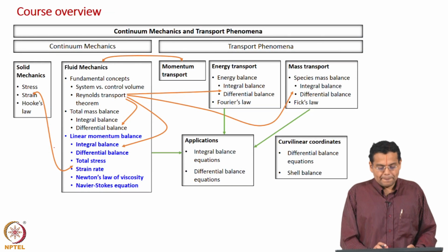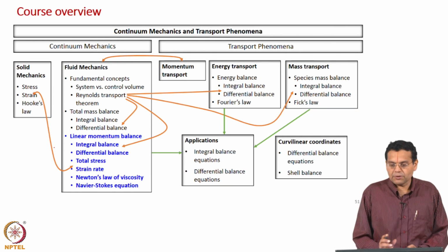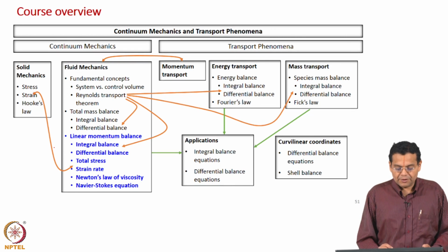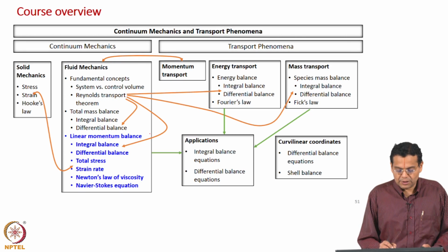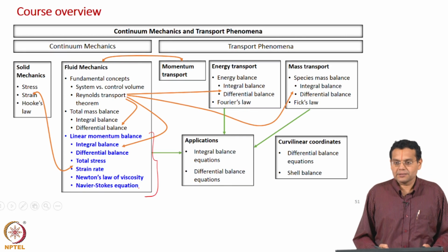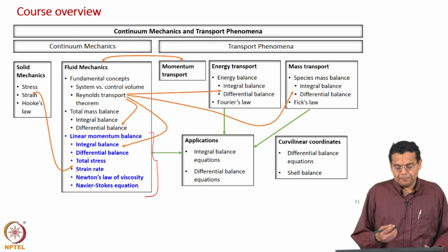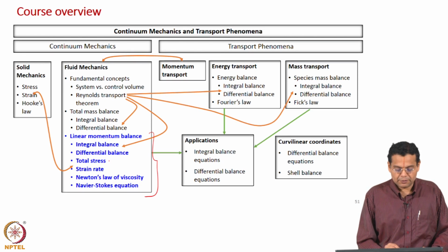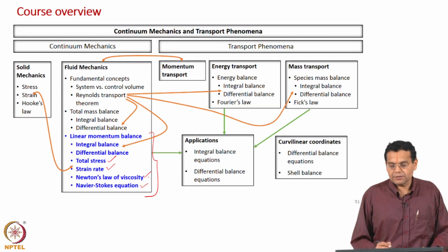So, now to summarize what we have done in the last few slides, we have gone through one complete cycle of all these topics. Okay. The derivation of Navier-Stokes started with the integral balance. Okay. Then of course, under differential balance we discussed about total stress, strain rate, Newton's law of viscosity, Navier-Stokes equation.